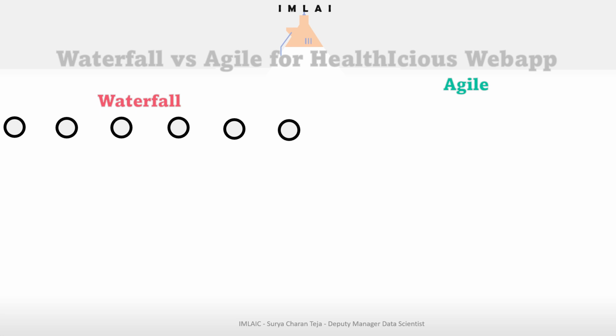And it is all up to you to decide, Jancy, which methodology you want to go. But let me explain both methodologies using your Healthious web app as an example.